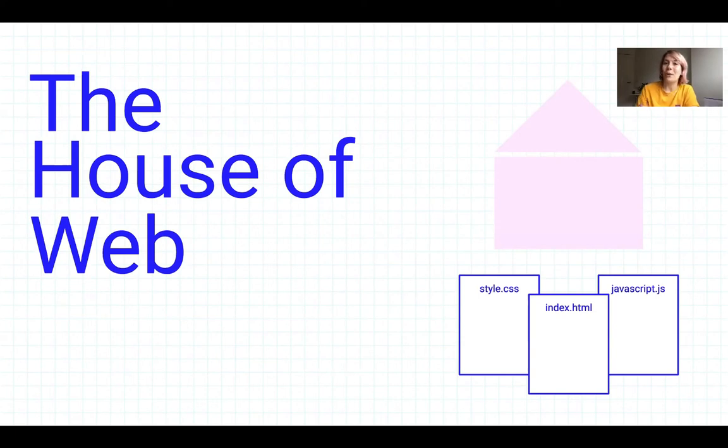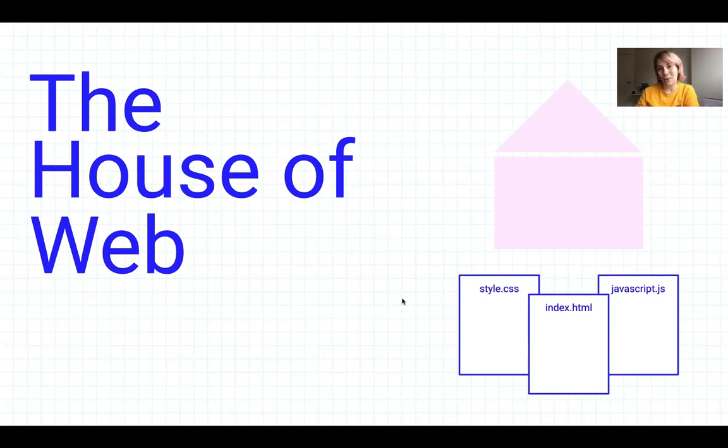If you think about our house, then JavaScript makes everything interactive. And what could be interactive in a house? Well, it could be, for example, electricity. So if you flick the light switch, the light turns on. If you open the tap, water comes out. So think about JavaScript as the wiring and the electricity and the infrastructure in your house.